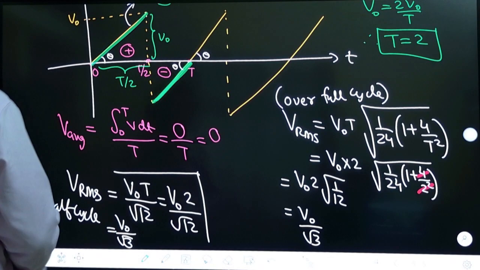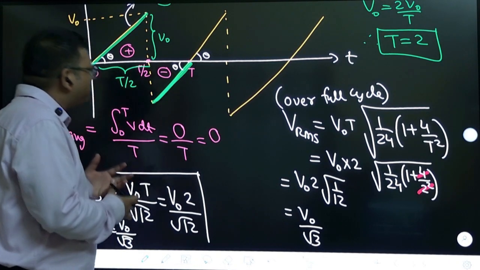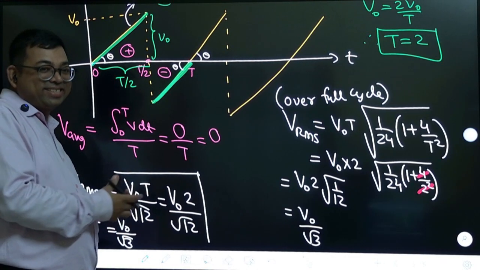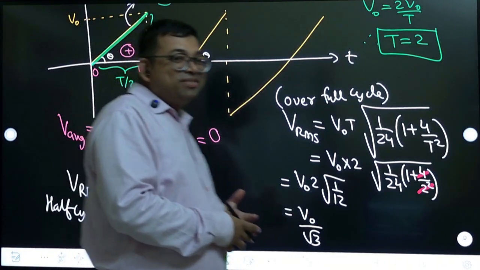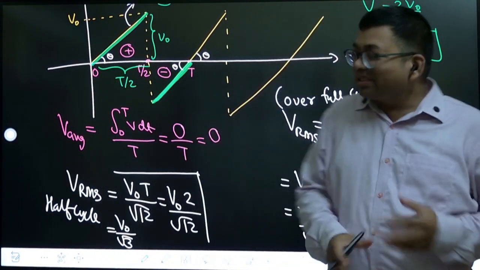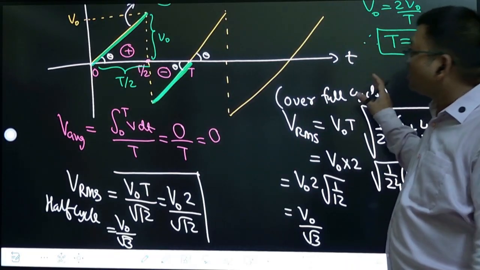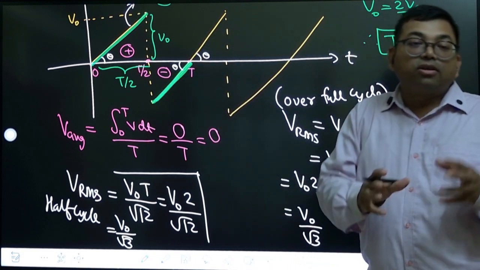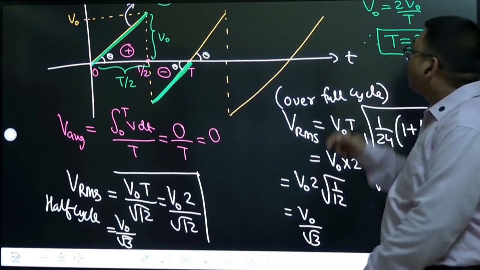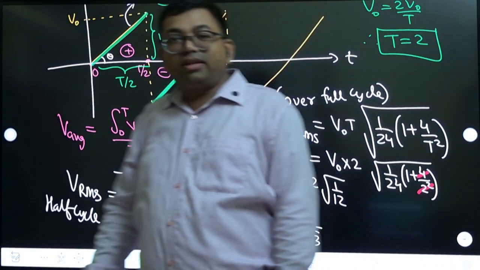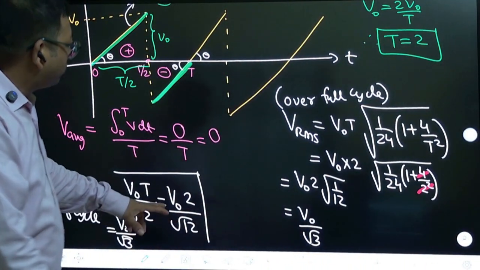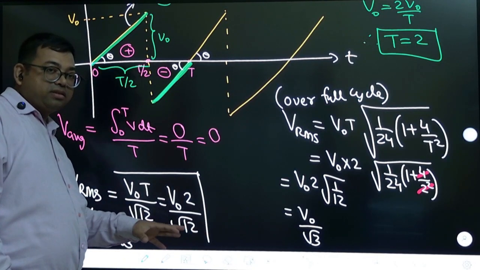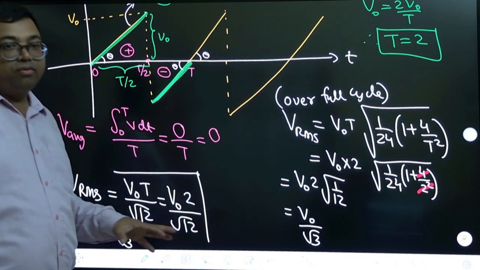Last class I was thinking about why the values are not the same. We missed out the value of this t, because here the slope is V naught by t by 2 and the equation was given. By comparing them, the time has come as 2, so this and this are going to be the same. V naught by root 3.